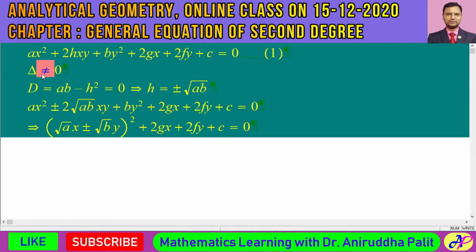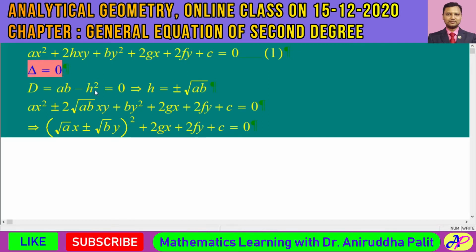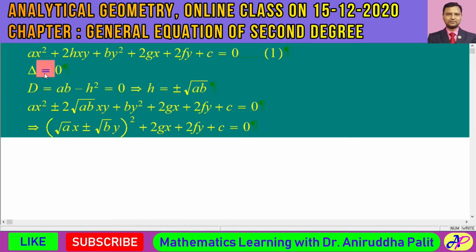If suppose delta becomes equal to 0, in that case we will have a pair of straight lines, and if delta is not equal to 0, in that case we will have a parabola.